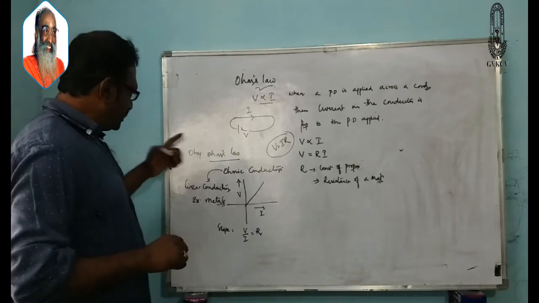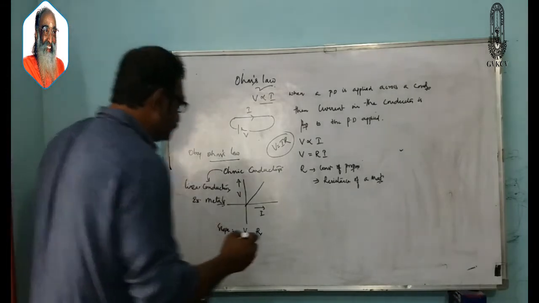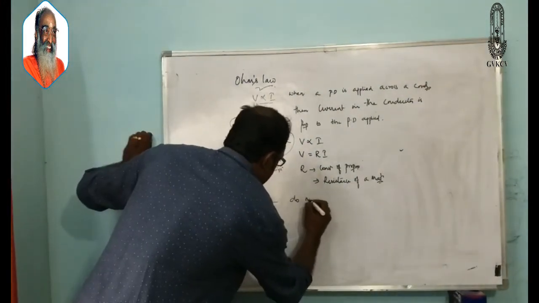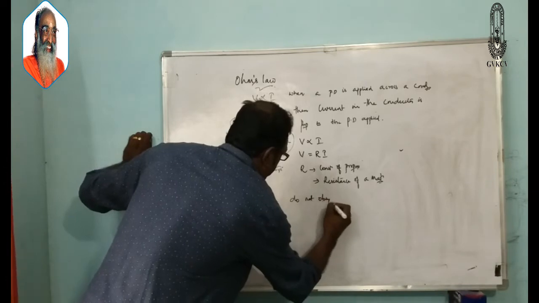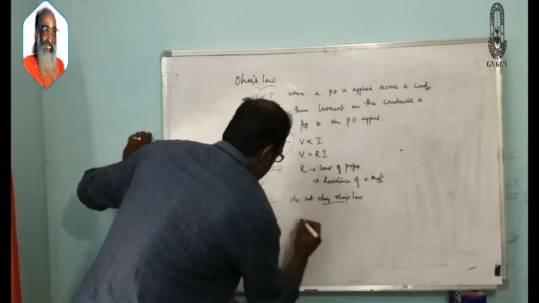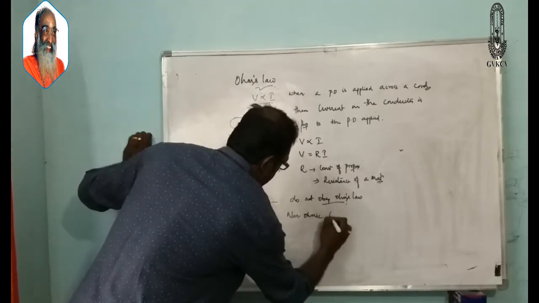Like this, we can talk about ohmic conductors which obey Ohm's law, and the materials which do not obey Ohm's law are called non-ohmic conductors.